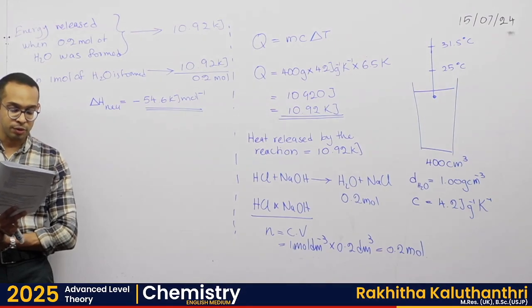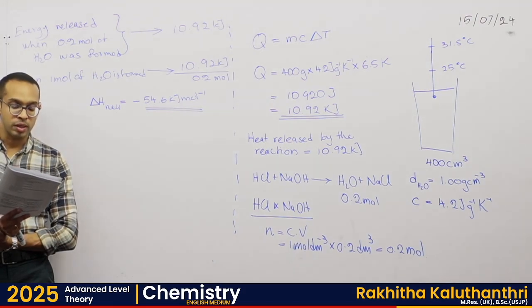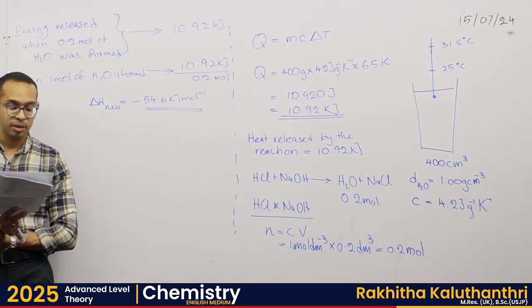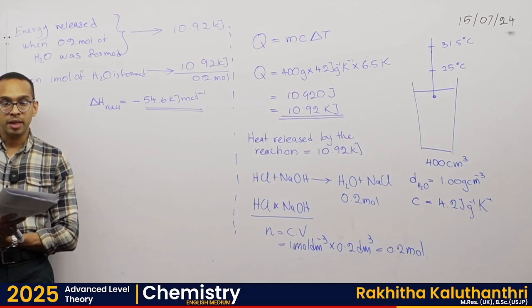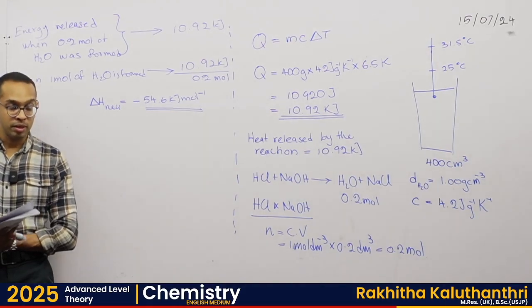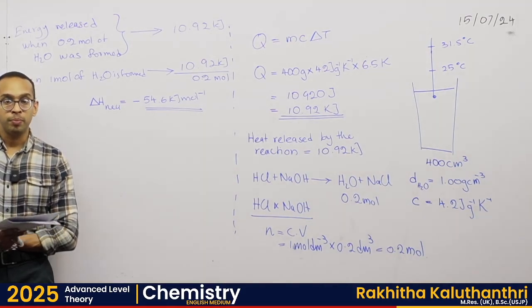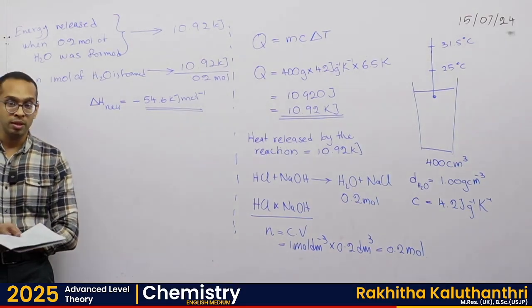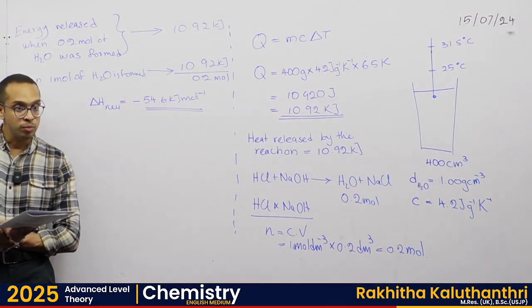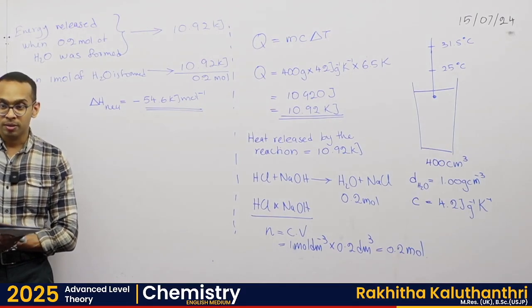So the first one: explain how you would design the above experiment and the necessary assumptions to be made in the process. Now they are giving you solutions, measuring cylinders, polystyrene cup and thermometer. You can say we will be carrying out the experiment in the polystyrene cup, and we'll be placing the thermometer in the polystyrene cup and closing the lid of the polystyrene cup to minimize heat loss, right?